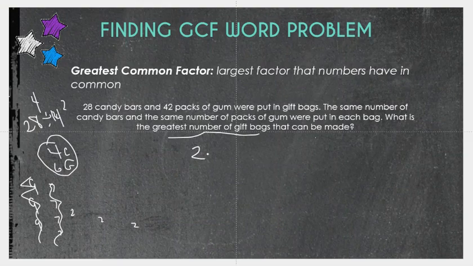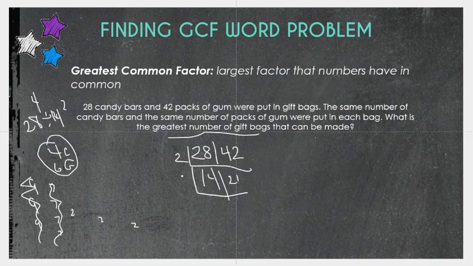So we could use my favorite method, the ladder method, and ask what is the largest number that 28 and 42 have in common? We could divide by 2 and get 14, and divide by 2 and get 21. 14 and 21 are both divisible by 7. That means 14 divided by 7 is 2, and 21 divided by 7 is 3. 2 and 3 are no longer divisible.